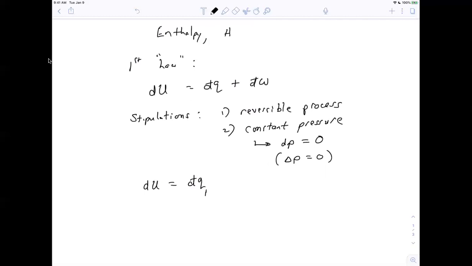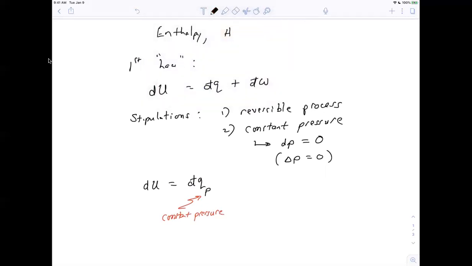Now I'm going to write this subscript P here to indicate that this heat interaction between the system and the surroundings is at constant pressure. That's why we have that subscript, because we know Q is a path-dependent function. So we have dqP.